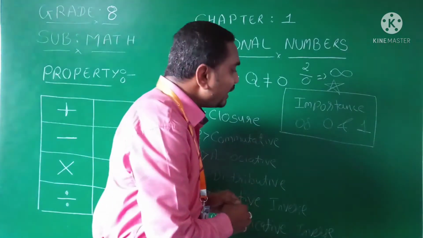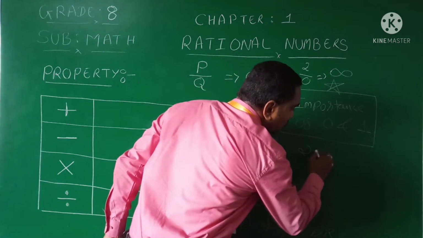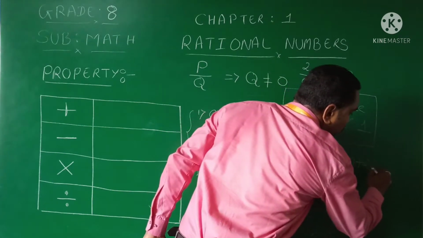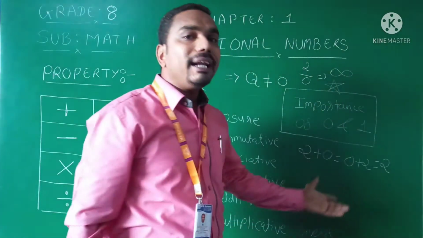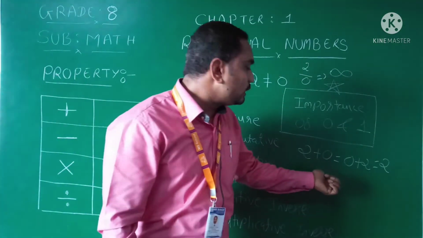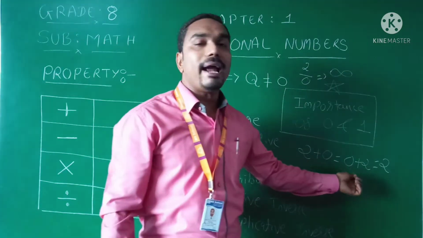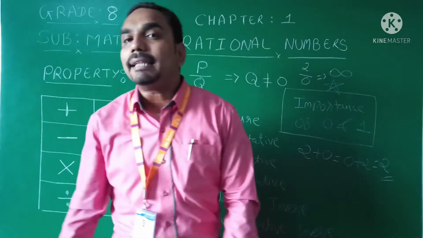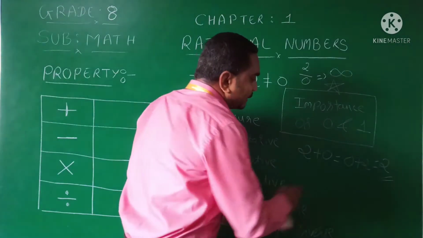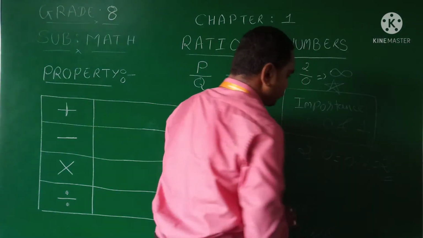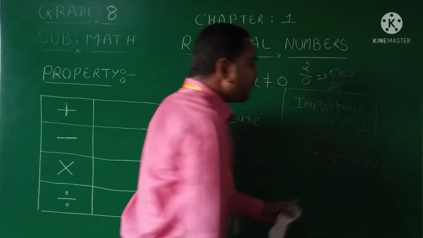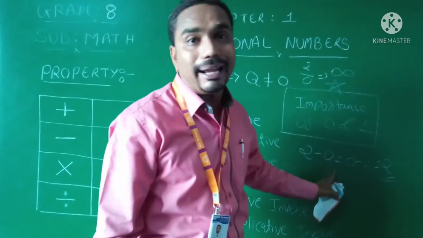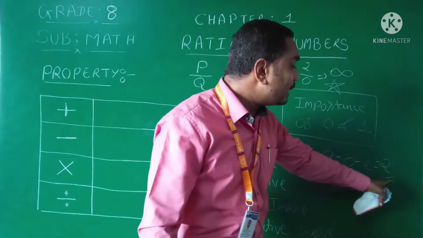Now similarly, if I say 2 plus 0, 0 plus 2, here you can easily see that when I am adding 0 to 2, or adding 2 to 0, the result remains the same. Similarly for subtraction, 2 minus 0 and 0 minus 2, the answer remains the same.